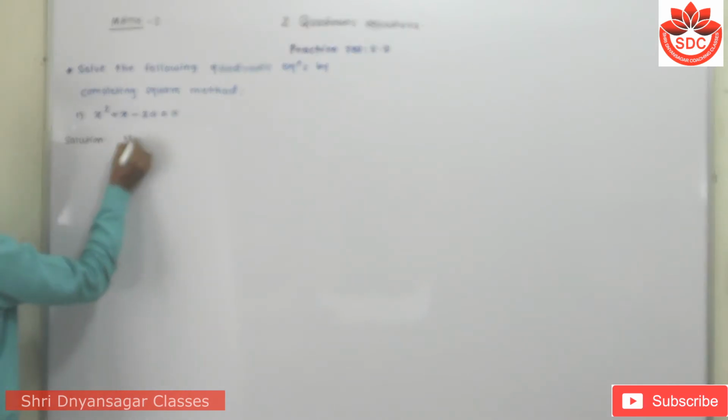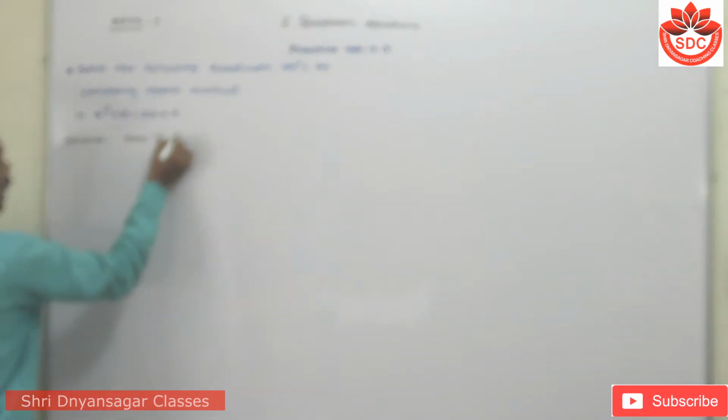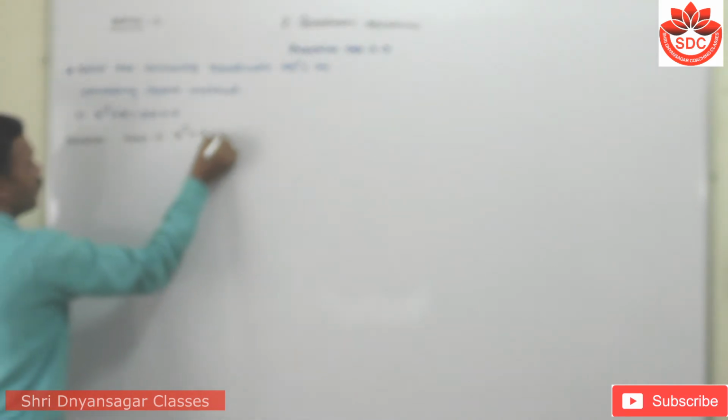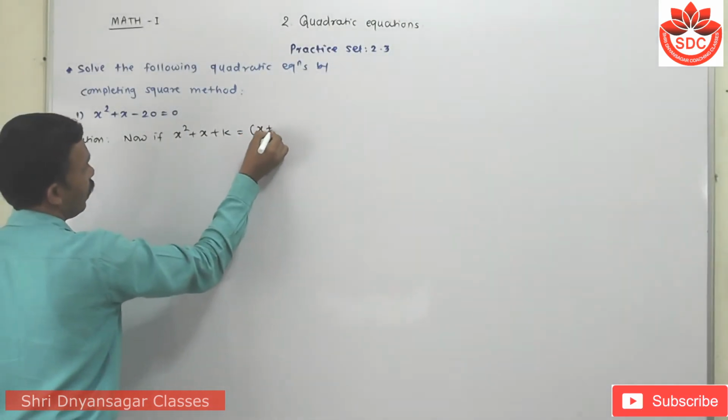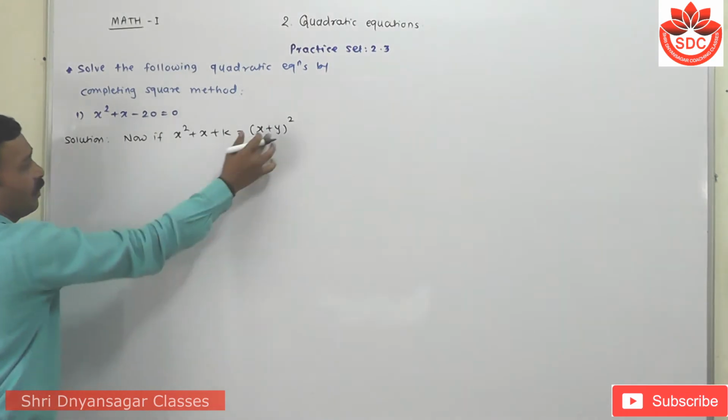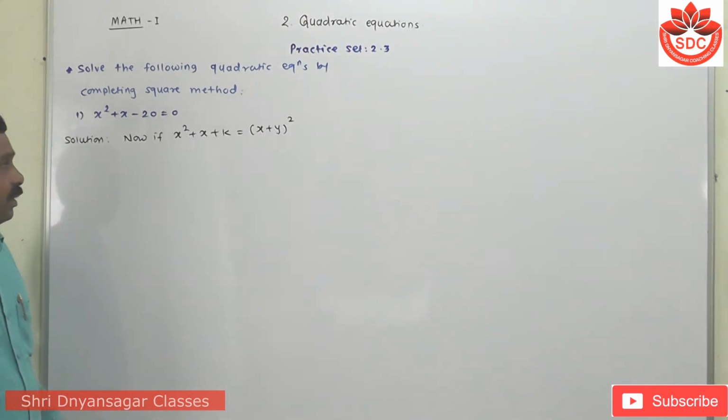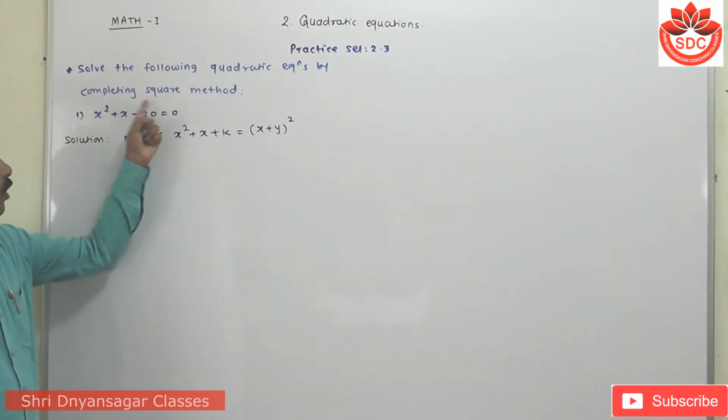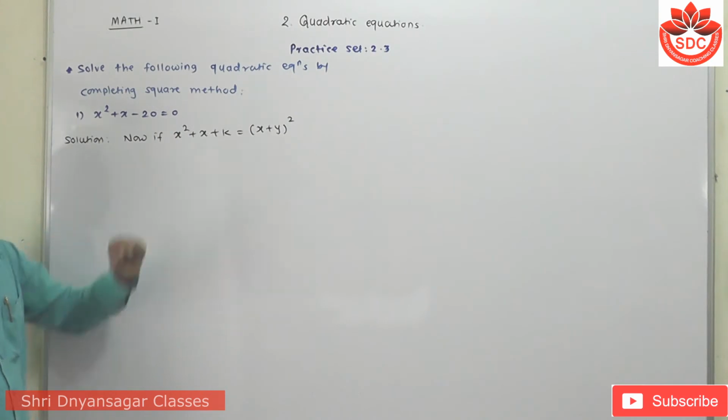Here, if we take x² + x + k equal to another value, this is the perfect square of some number. Suppose we have to find the third term for this completing square method, that is k.